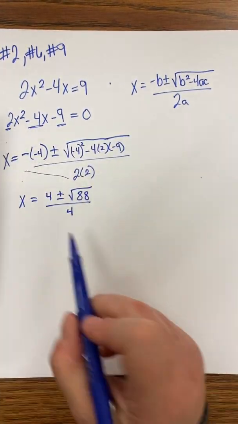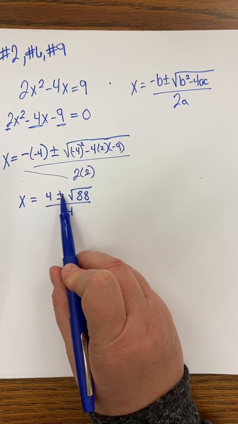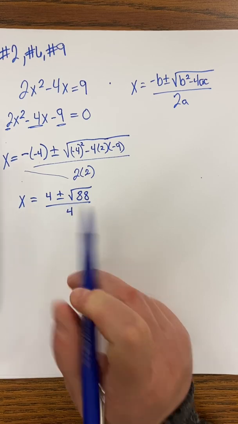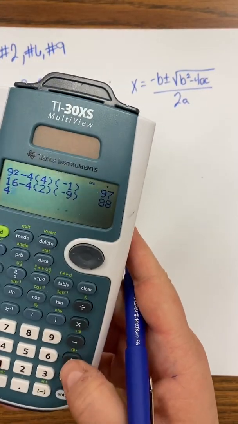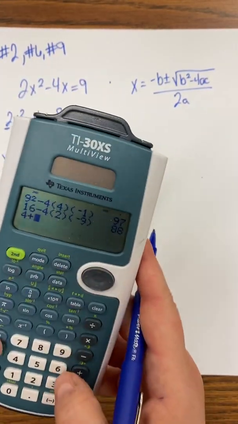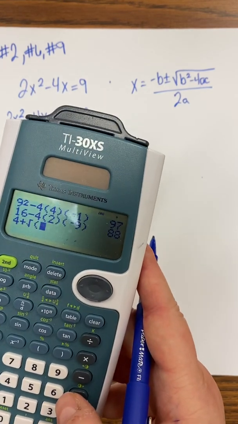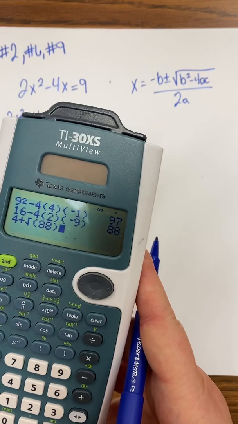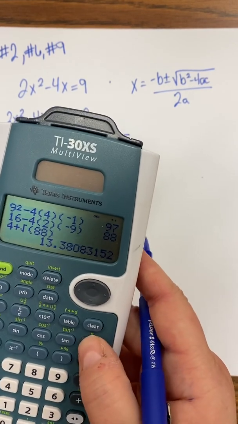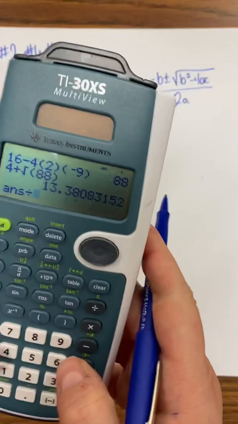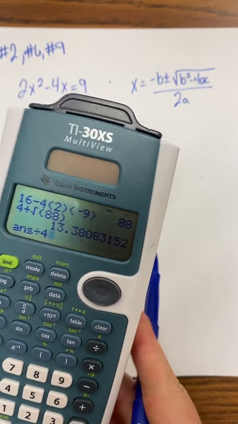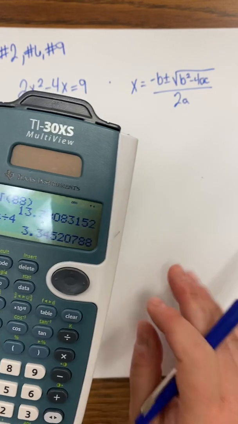So now I'm just going to put 4, remember you have 2 answers, 4 plus radical 88, 4 minus radical 88. So 4 plus second x squared gives me my radical 88. So there's my 4 plus, enter, and then divide by 4. If you'll immediately hit divide, it'll bring your answer down. Divide by 4.